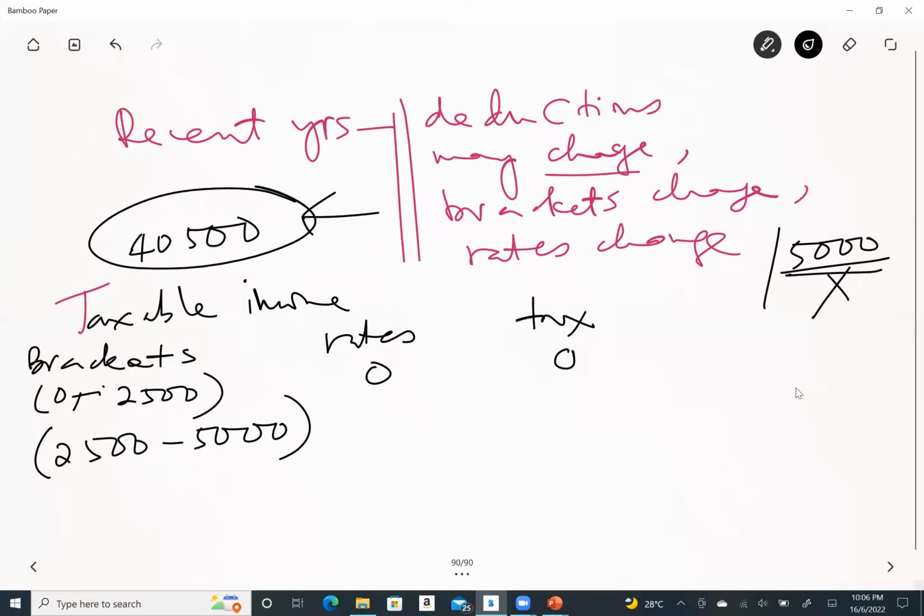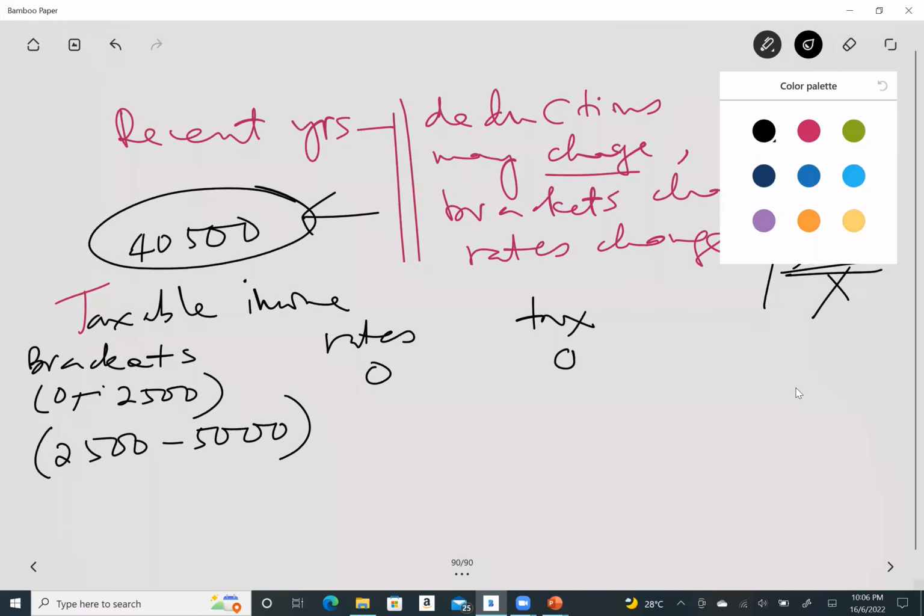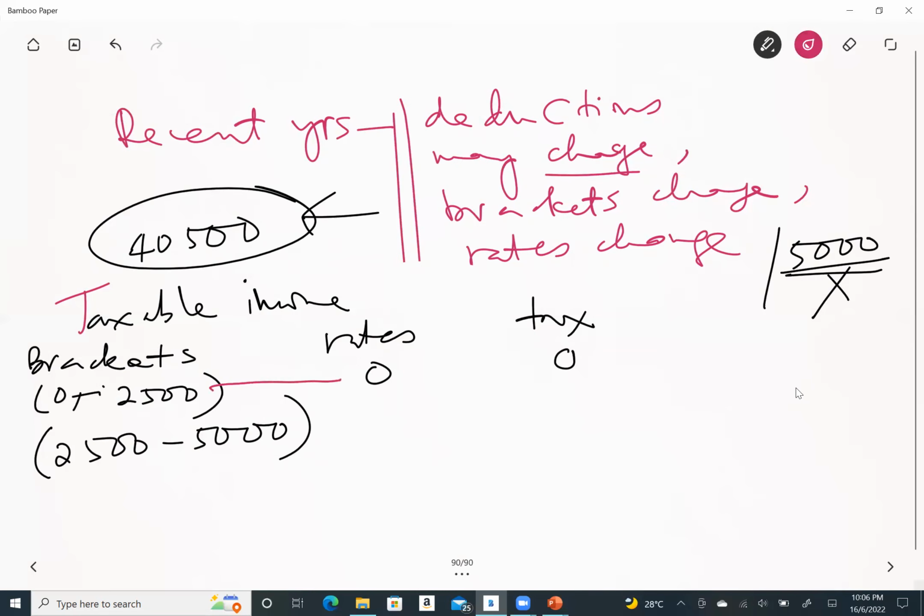It's 2,500. Because the first 2,500, you pay zero tax. Okay. The first 2,500, you pay zero tax. So here, 2,500. No tax. Now the next amount is what? 2,500 to 5,000.